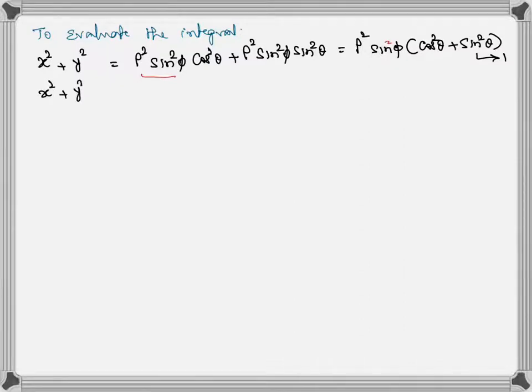Now x squared plus y squared becomes rho squared sine squared phi.